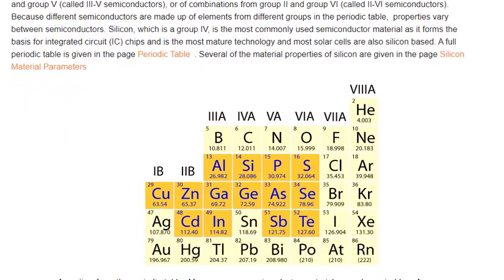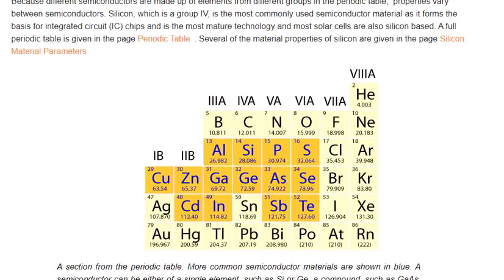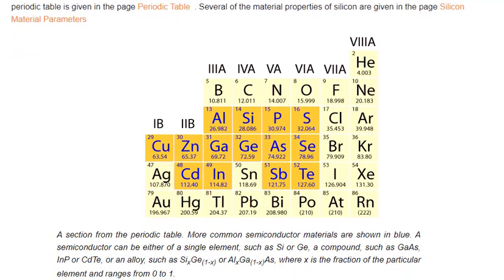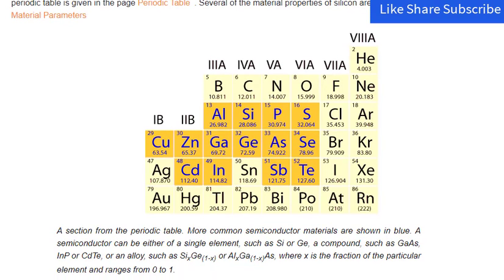A semiconductor can be either of a single element, such as silicon or germanium, a compound, such as gallium arsenide, indium phosphide or cadmium telluride, or an alloy, such as silicon(x) germanium(1-x) or aluminum(x) gallium(1-x) arsenide, where x is the fraction of the particular element and ranges from 0 to 1.